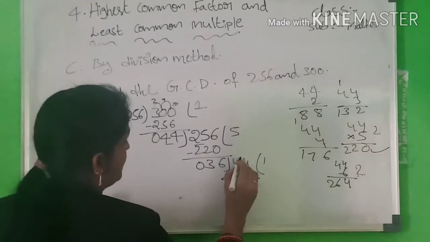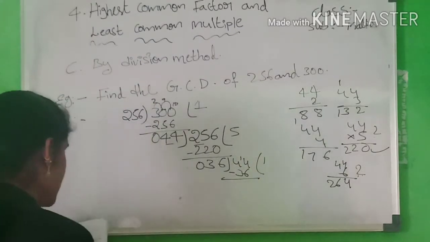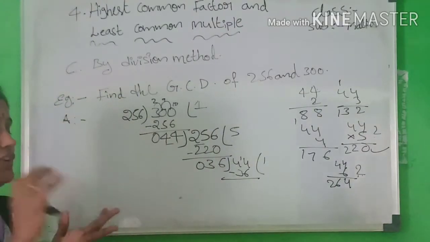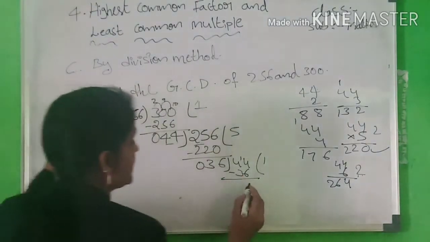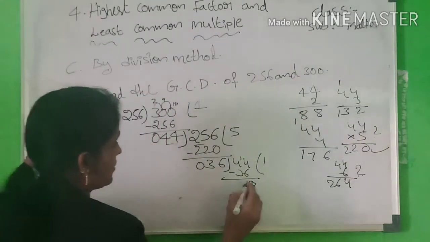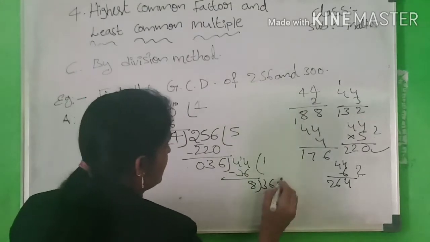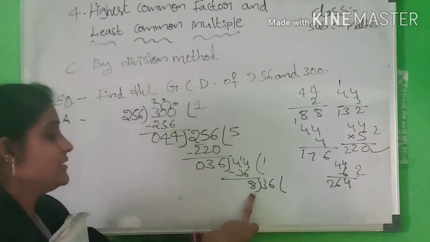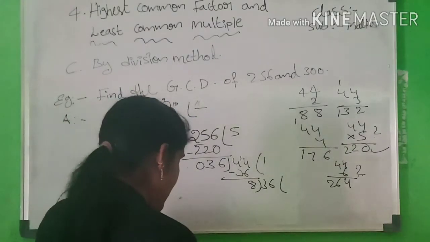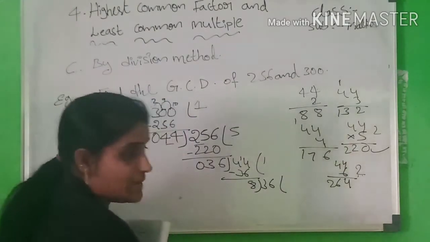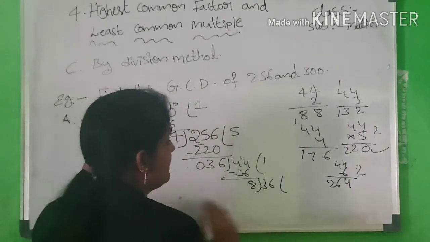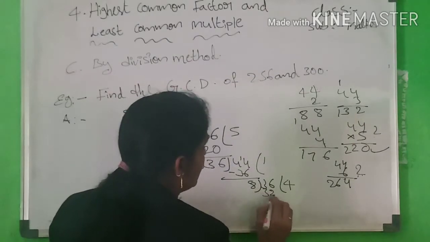Now you have to do subtraction. 44 minus 36 is 8. Now divide 36 by 8. 8 table in 36 not coming exactly, so take the nearest lesser number: 8 4s are 32.